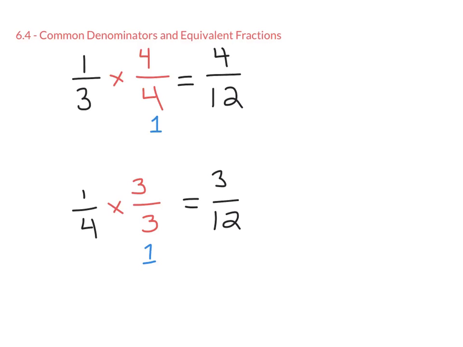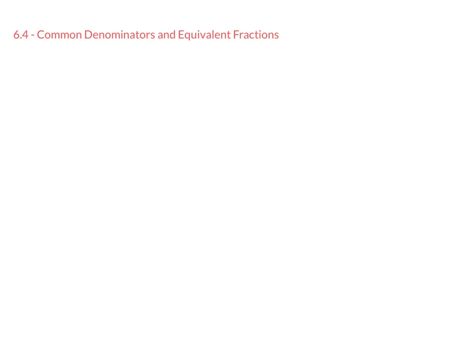If you were to rewrite 1/3 and 1/4 as fractions with a common denominator, your answer would be 4/12 and 3/12. Let's look at a second example. 3/4 and 1/6. I want to rewrite these fractions so that they have common denominators.